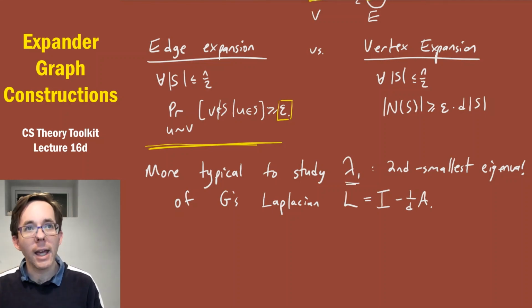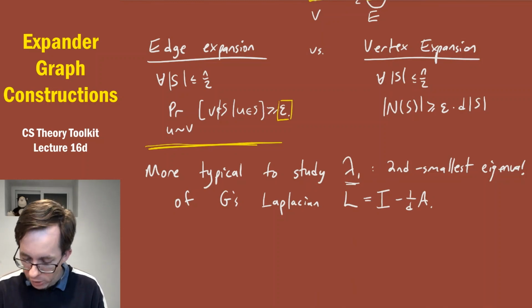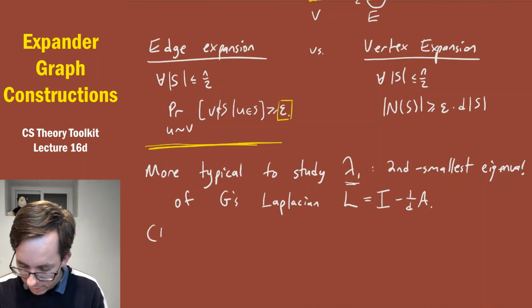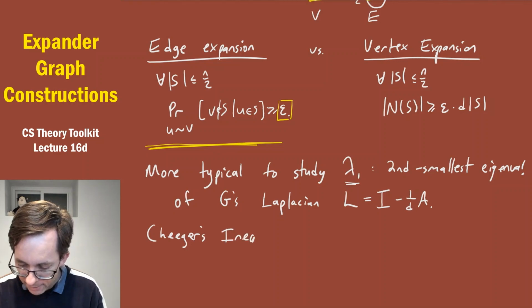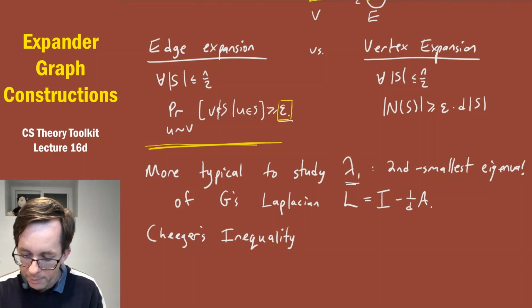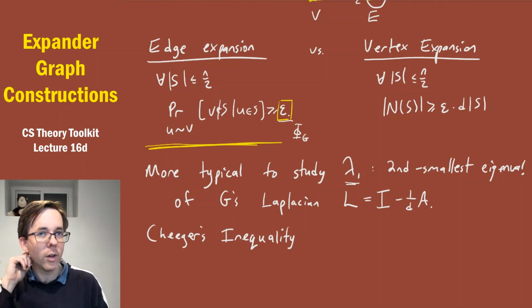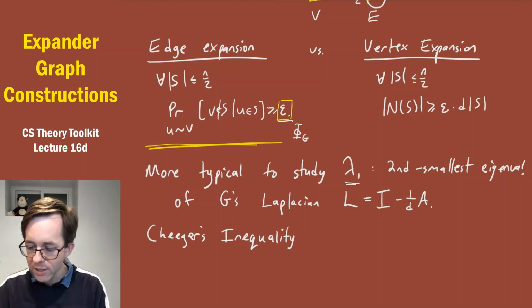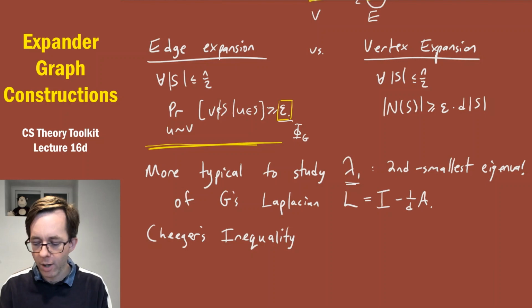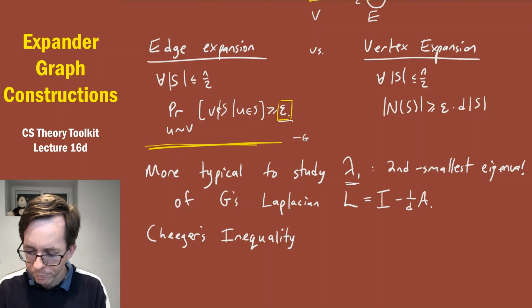Okay, and what we saw in previous lectures was Cheeger's inequality, which relates this lambda 1 to the best epsilon you can put here. The best epsilon you can put here is the minimum conductance of the graph G. And we know that these two things are related up to a square, or up to a square root, depending on how you put it.